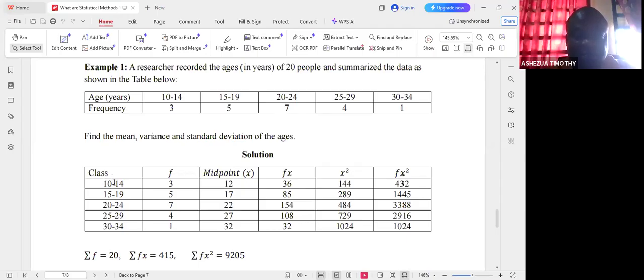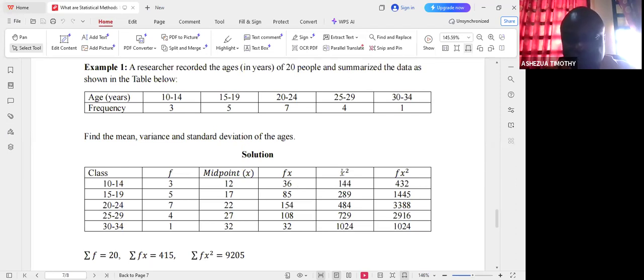Look at this class interval. 10 plus 14 divided by 2 gives us 12. How do we get F X? 3 times 12 gives us 36.